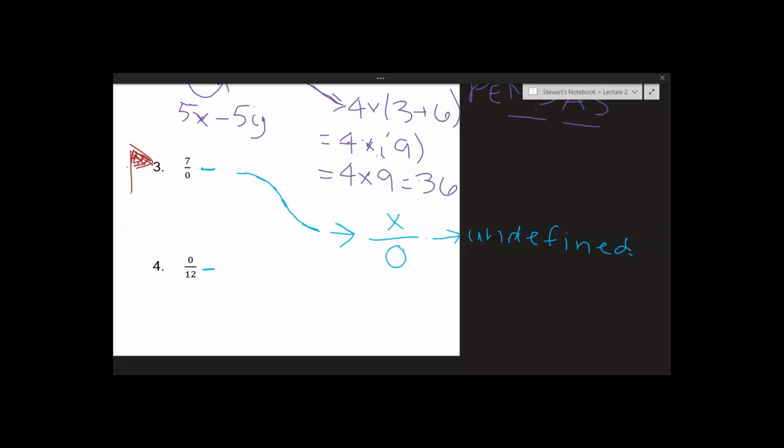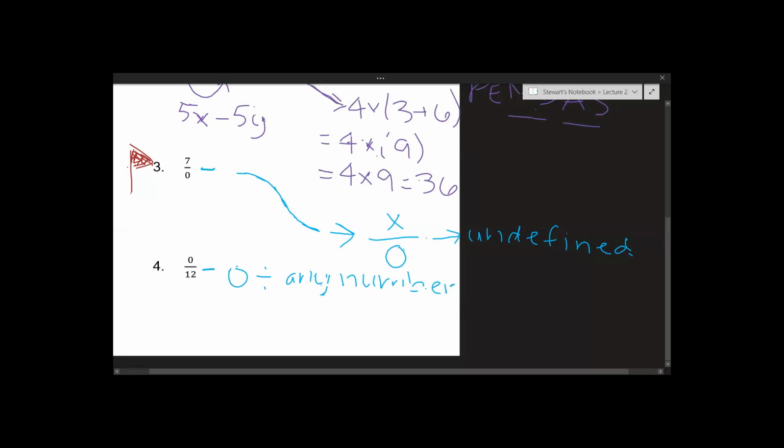But 0 divided by any number, whether it's positive or negative, as long as it's non-zero, it's going to equal 0.